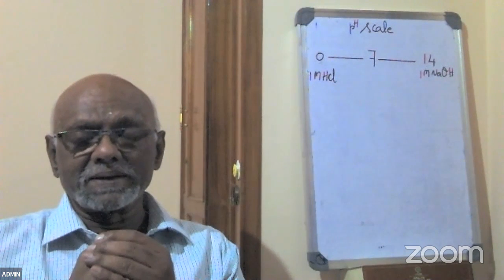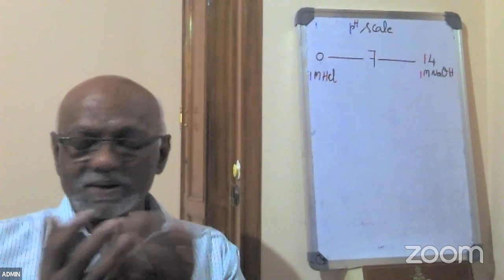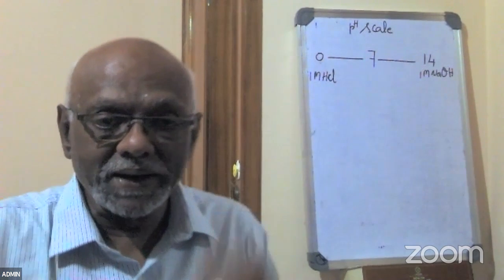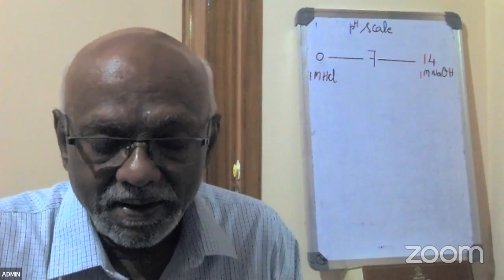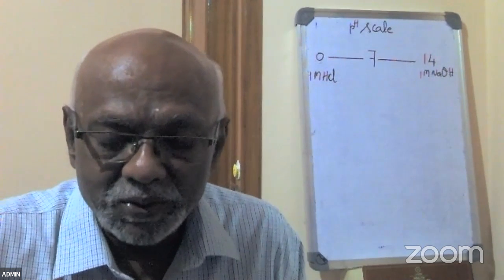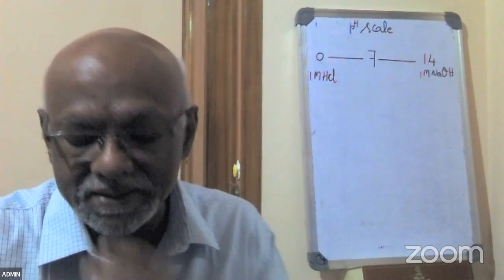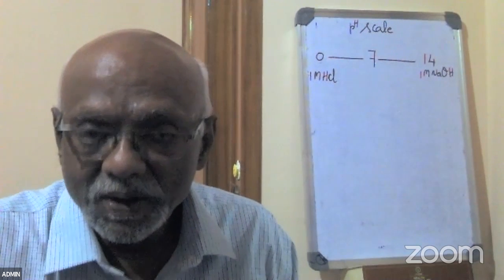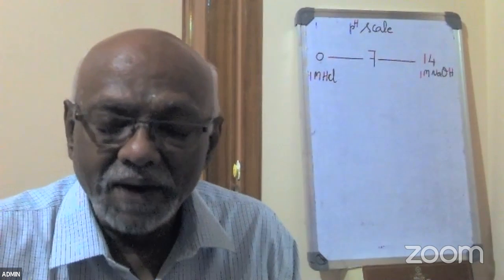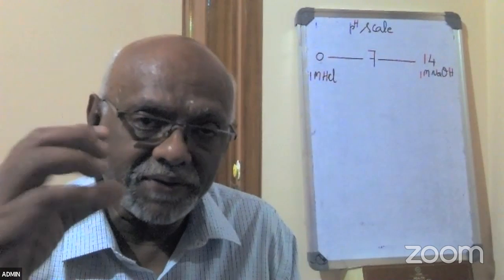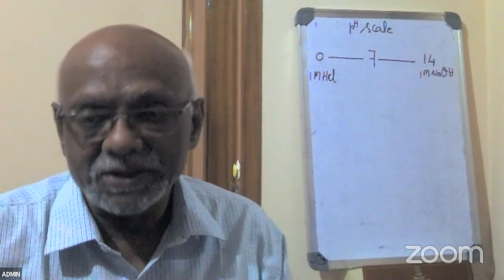To know whether a solution is acidic, basic or neutral, we look at its pH. I remember I mentioned a name to you, Sorensen. He was a French chemist. He called this puissance de hydrogen, which meant power of hydrogen ion concentration of a solution. All this briefing we had already finished.